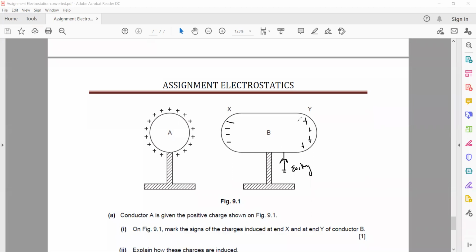So what will be the net charge here? There are positive charges, but the majority are negative because mostly electrons enter now, so the net charge will be negative.